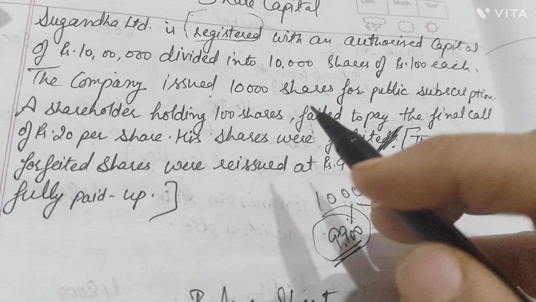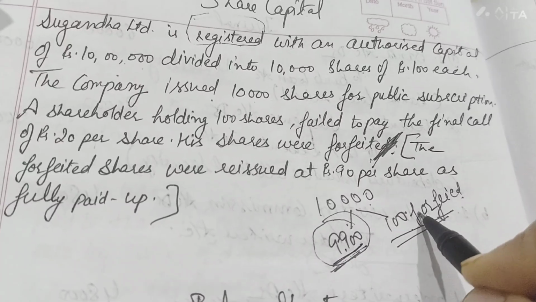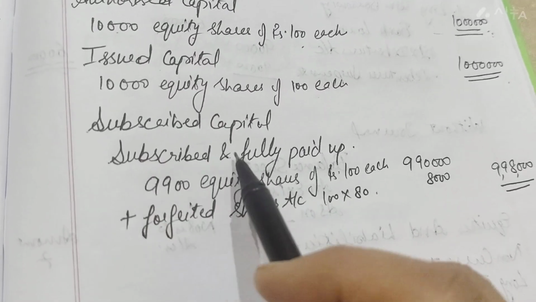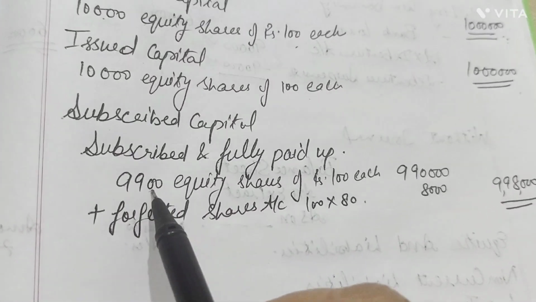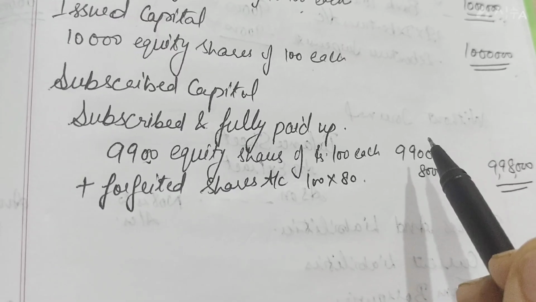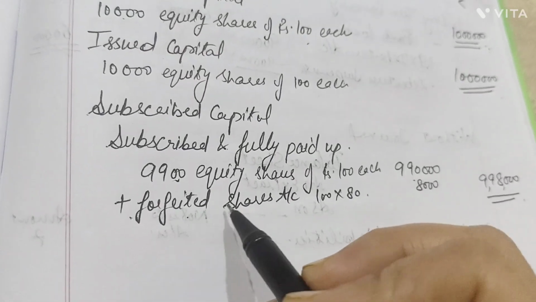When we have issued these shares and 100 shares were forfeited, for the subscribed capital we show subscribed and fully paid up capital, 9,900 shares of 100 each, 9,90,000, plus forfeited shares.